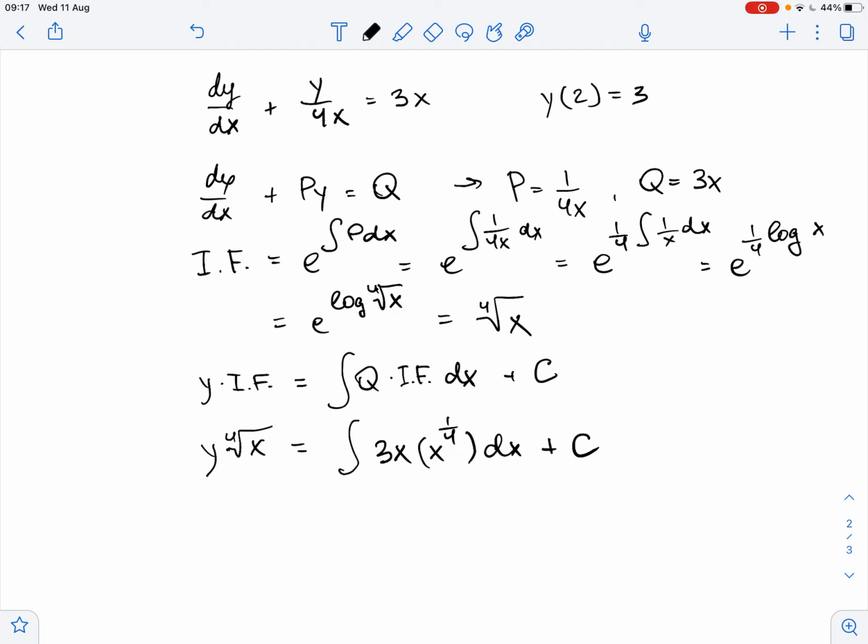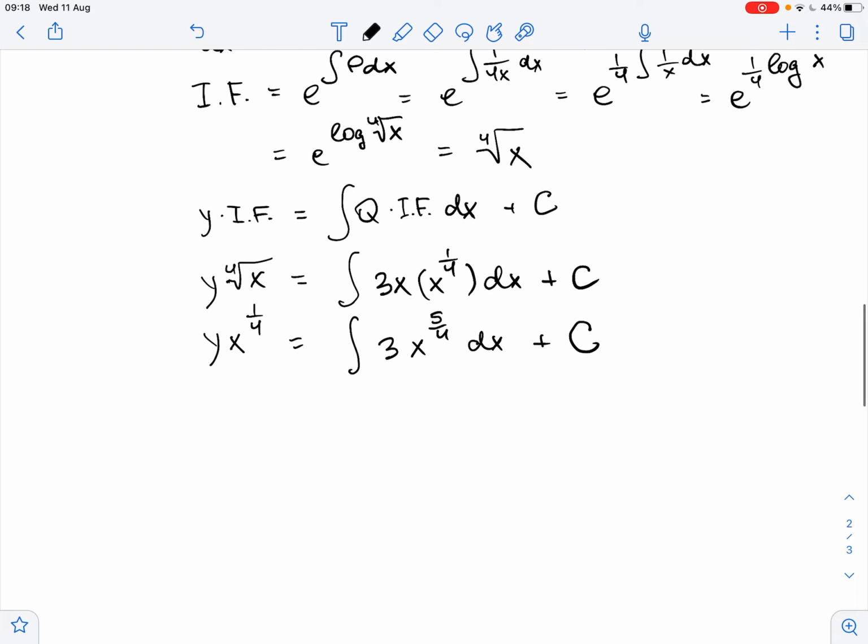Then we can rewrite this as y times x to the power of 1/4 equals the integral of 3x to the power of 5/4 dx plus arbitrary constant c.